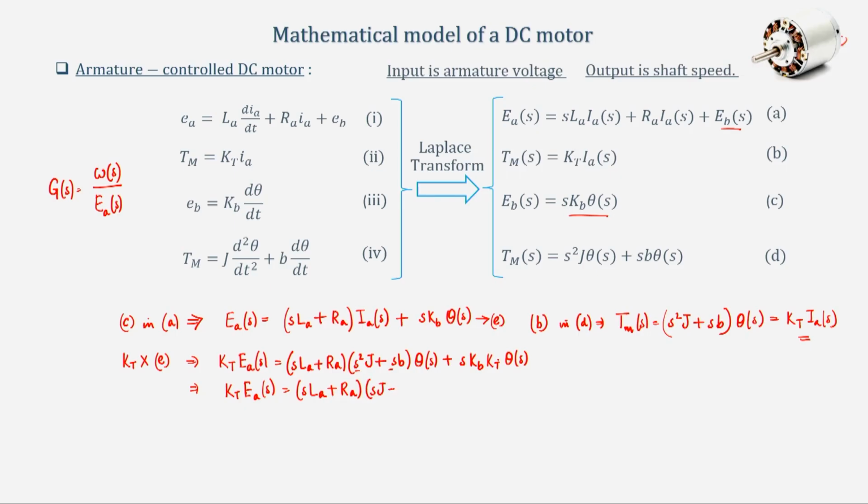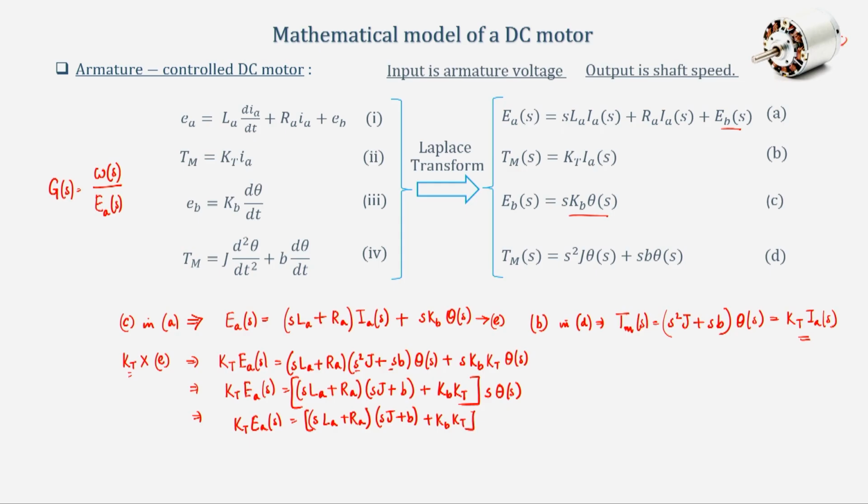So, (s J plus B plus Kb Kt) whole into s theta s. So, now Kt Ea s equal to (s La plus Ra) (s J plus B) plus Kb Kt.